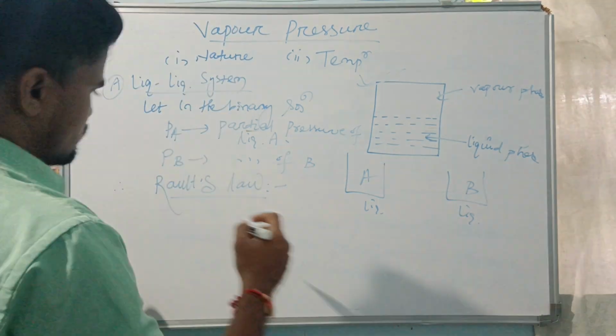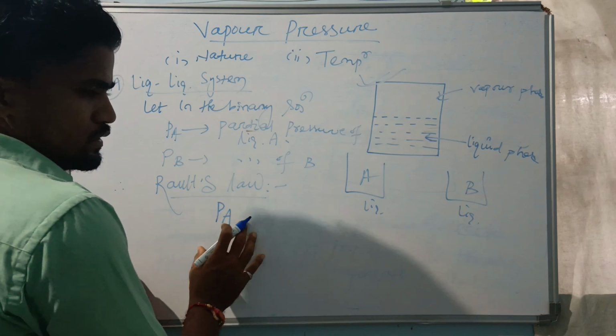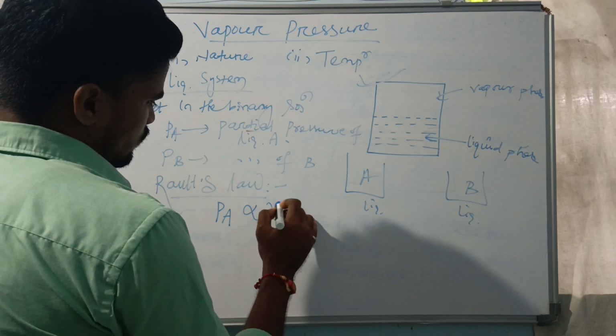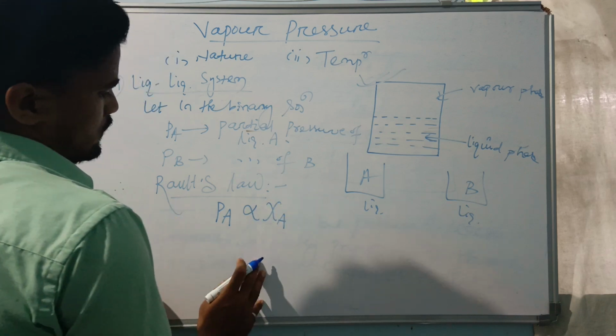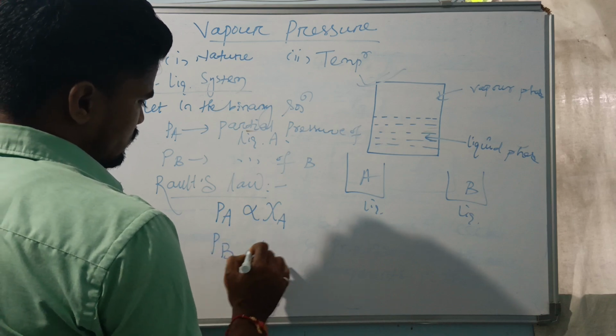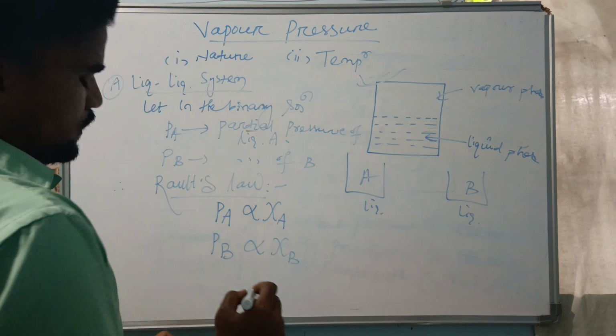So how will you express it? PA, the partial pressure of liquid A, is directly proportional to its mole fraction chi A. And like that, PB is directly proportional to chi B.